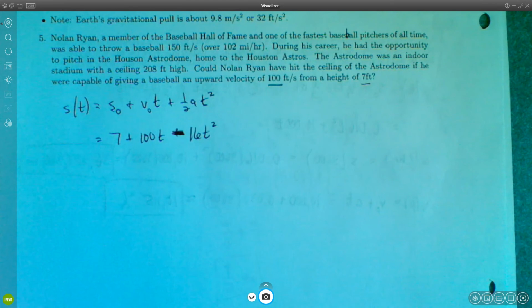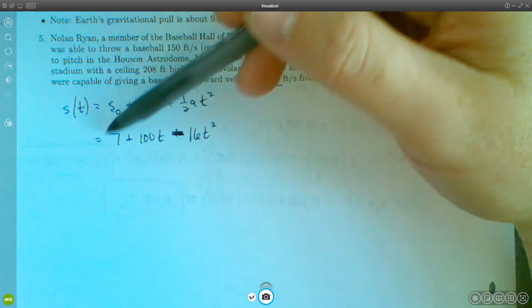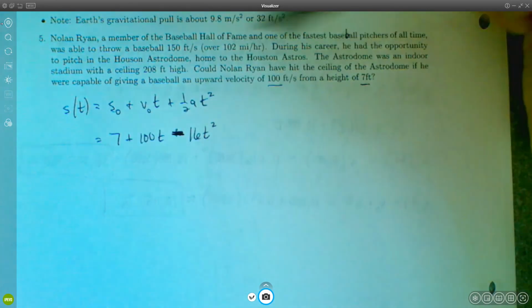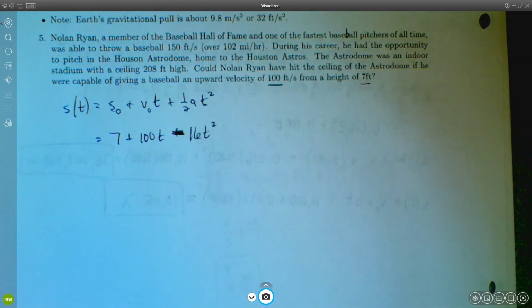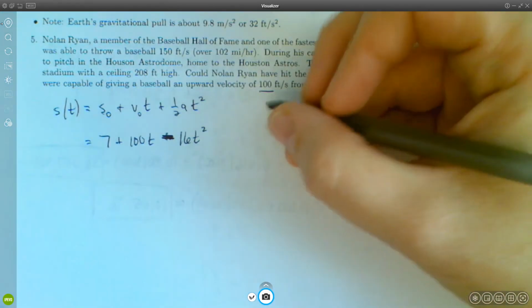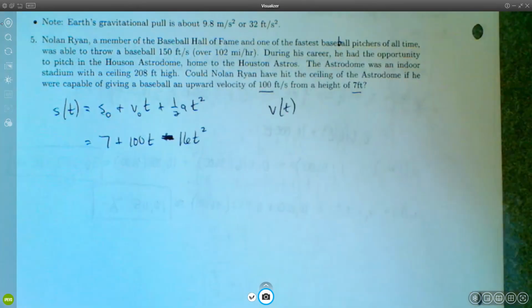But another way that occurs to me to do it, now that I'm thinking about it, is we could find the maximum height. We could find the maximum position, which would require us to take derivatives. But if you take the derivative of the position function, what do you get? Well, you just get the velocity function, which tells me I should have just tried to get the velocity function to begin with, right? So let's do that.